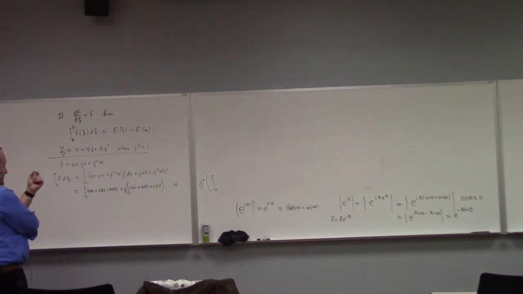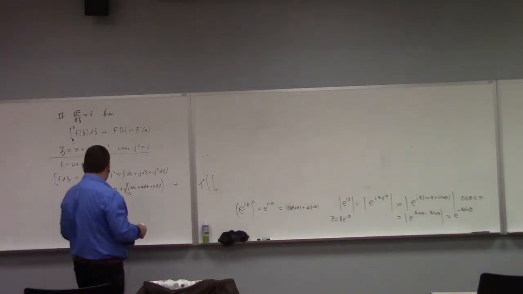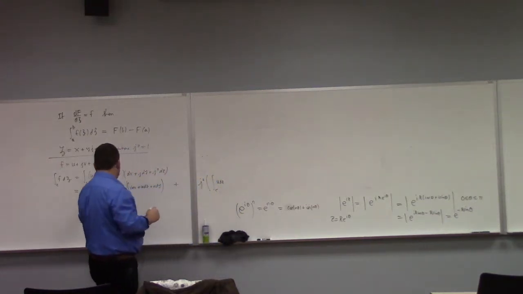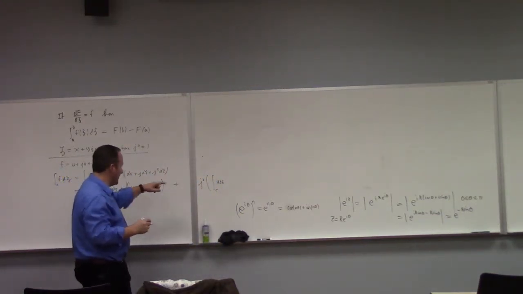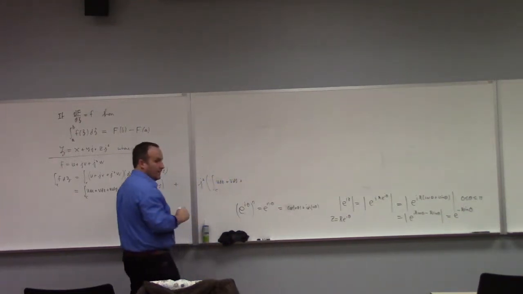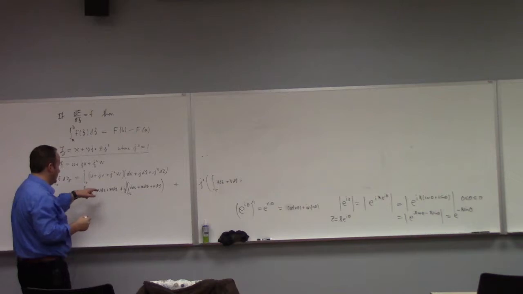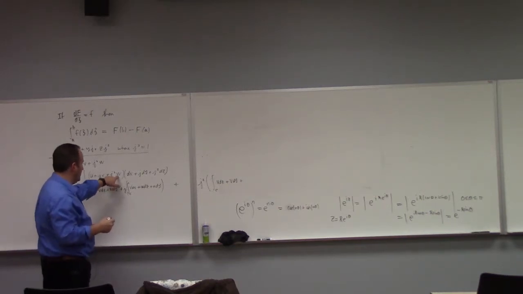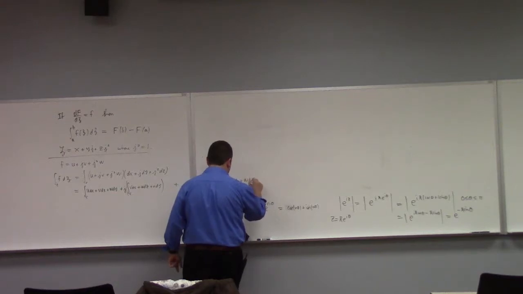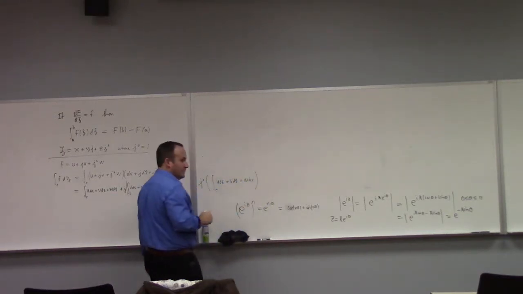To get j squared, I've got my u dz, my v dy, and what else? Yeah, w dx, thank you. Okay.